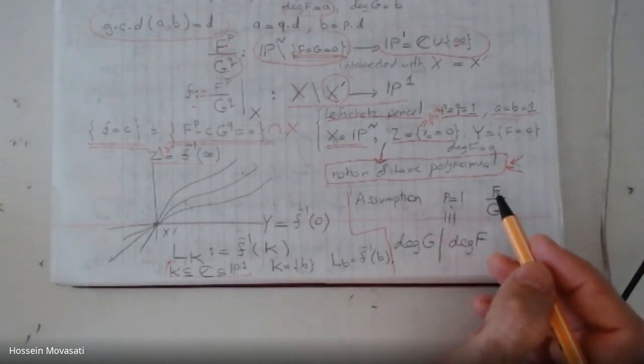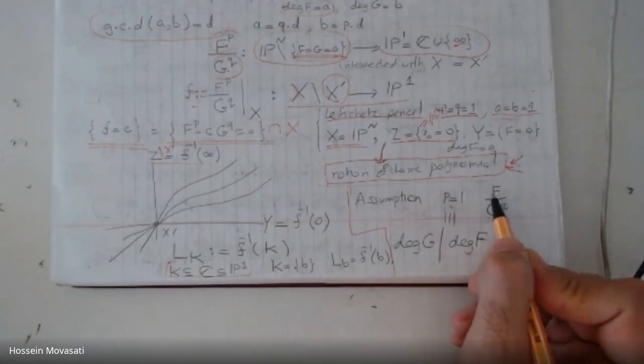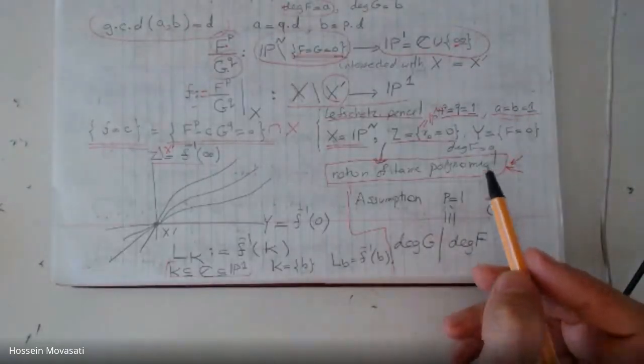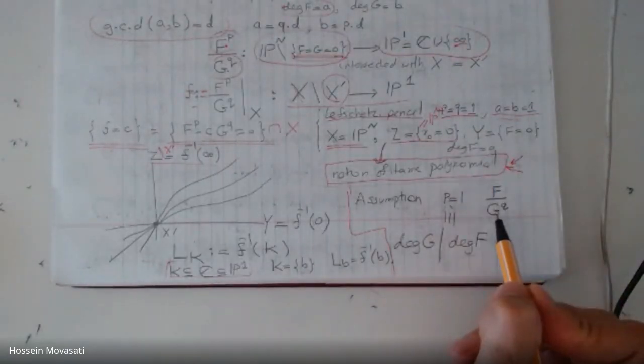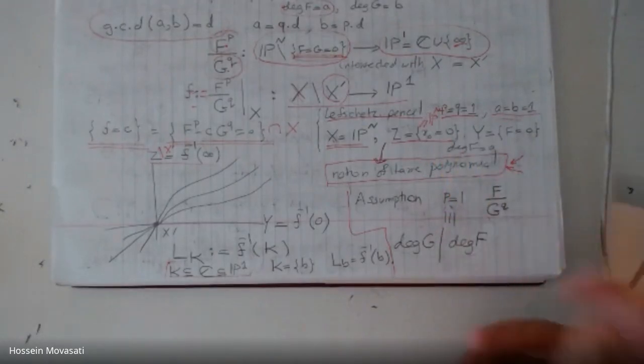So our pencils will be of the form f divided by g^q. In our second example, g will be just x0, and in our first example, q will be also 1.